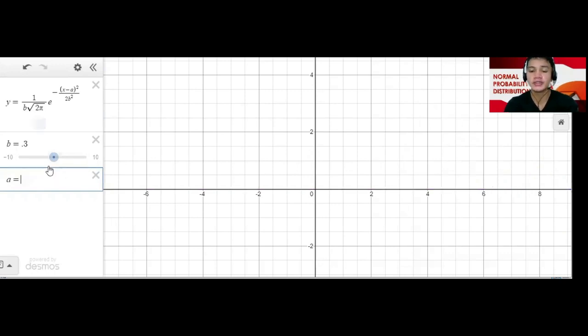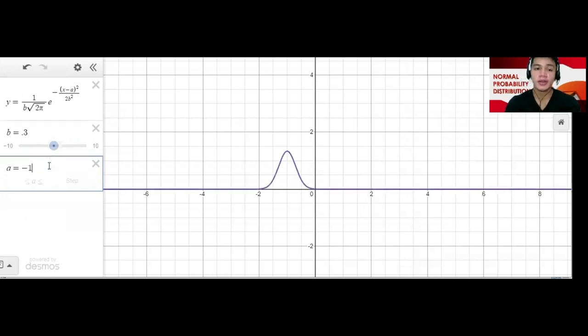But when we decrease it to 7, 6, 5, 4, 3, 2, 1, 0, negative 1, negative 2, negative 3, negative 4, it slides or shifts to the left. Thus, we can say that when the mean increases, it slides to the right. But when the mean decreases, it slides to the left.